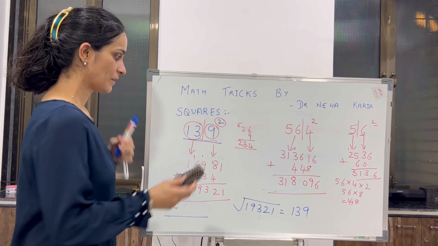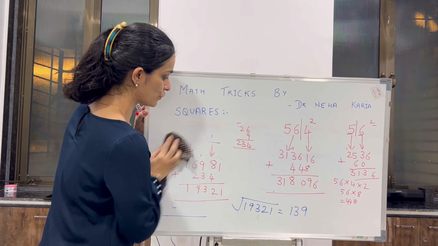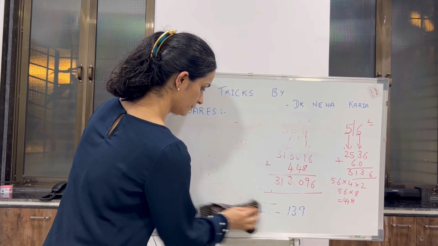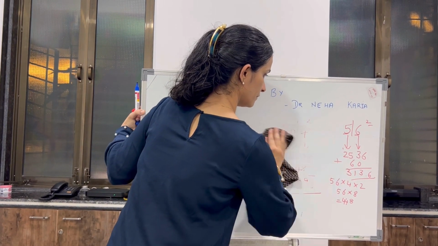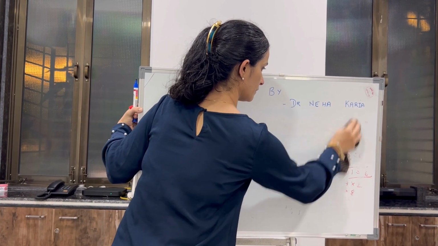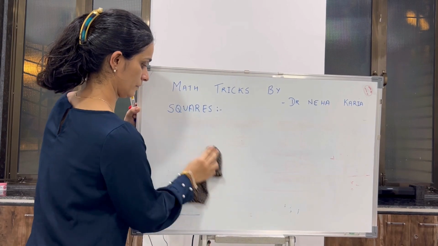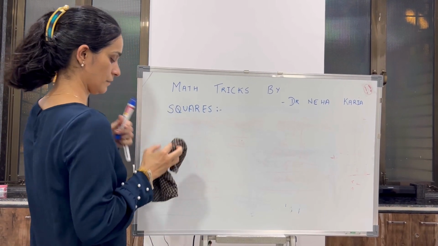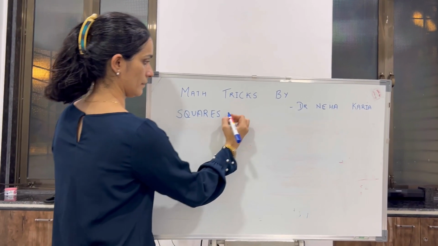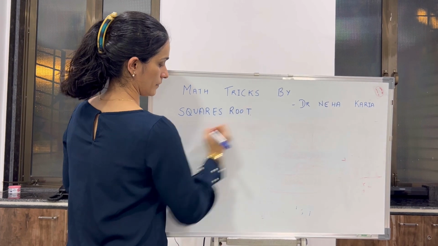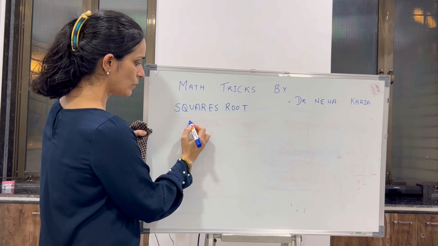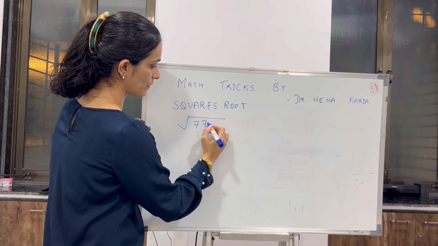Let's come across it. Okay, so the last trick for today is to find the square root of numbers. Let's take an easy square root, 7744.